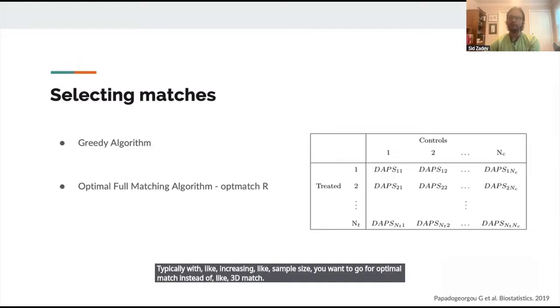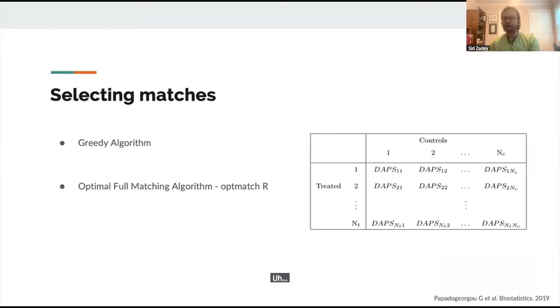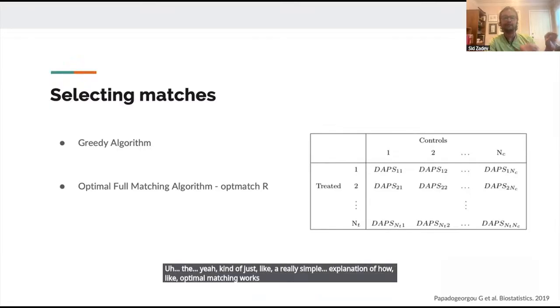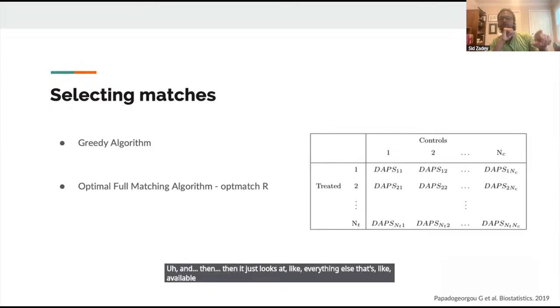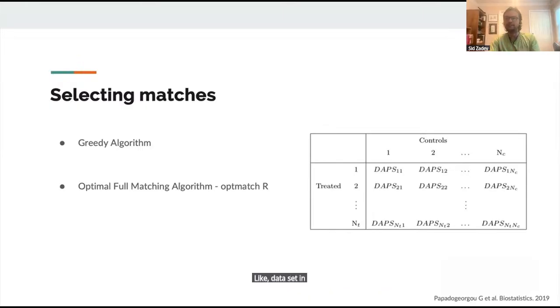A simple explanation of how optimal matching works is that once it finds a match, it removes that pair, and then it just looks at everything else that's available without having to go through the whole data set in iterations.